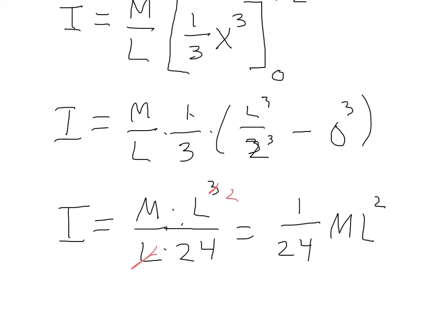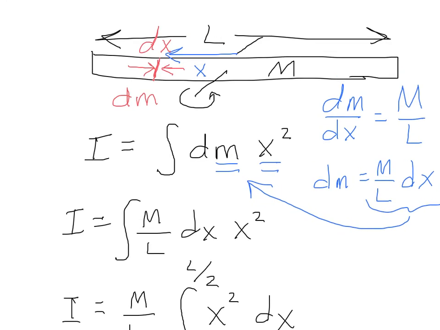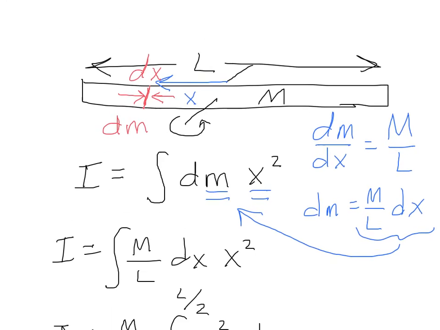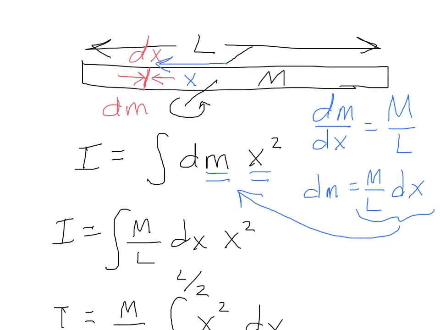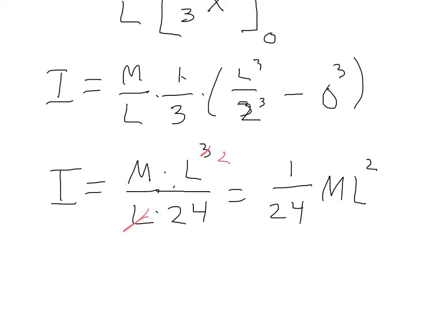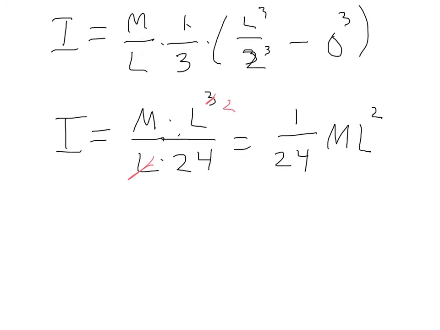Okay, and so what is that? That is the moment of inertia of the part of this where x ranges from 0 out to half of L. But that's only half of the stick. So I need to double this to account for the entire stick. So I might say this is just half of it, put a little subscript there.